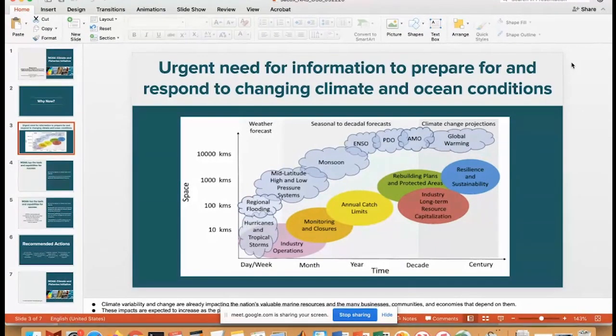It's absolutely useful. I've just pulled up a slide from a different presentation, a plot from a paper by Desiree Tommasi and others. It's like a typical STOML plot, but it's mapping fisheries operations onto that space-time continuum. The point here is that if you look at days, weeks to months, there are fisheries decisions being made on those timescales.